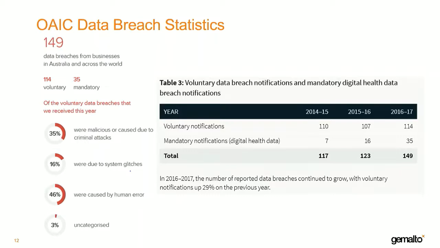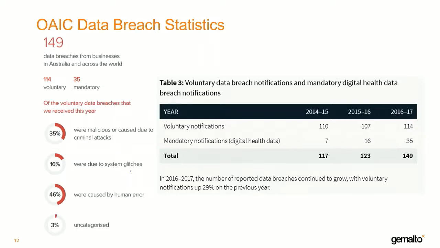What I also wanted to pull out of this was that I believe 114 of that 149 were voluntary notifications. 35 were mandatory notifications that were put upon an organization by the Information Commissioner's Office. So effectively, they are starting to flex their muscles in terms of if the breach is serious enough, they will get involved and will enforce the privacy regulations.